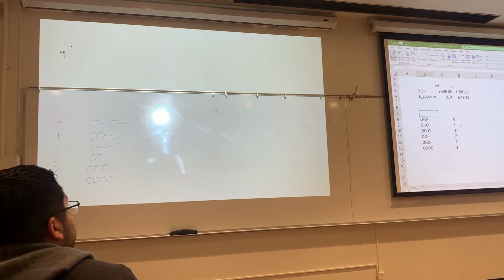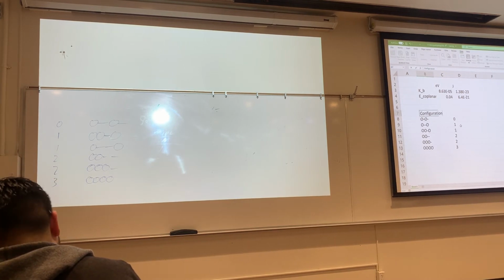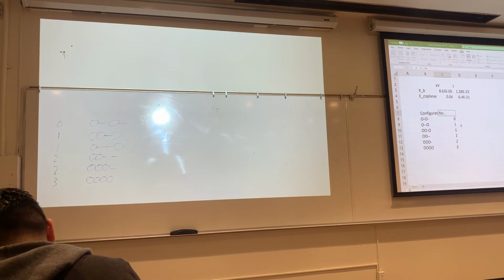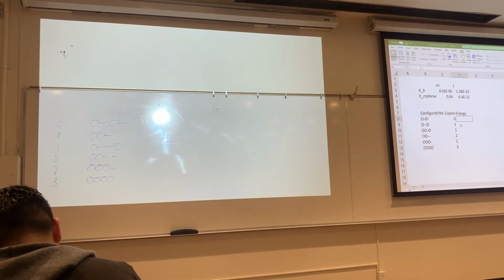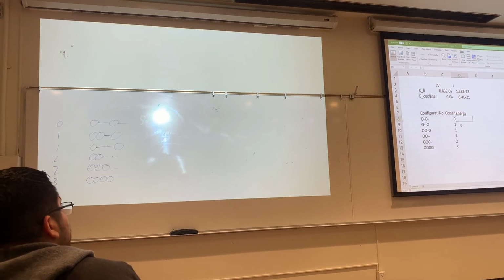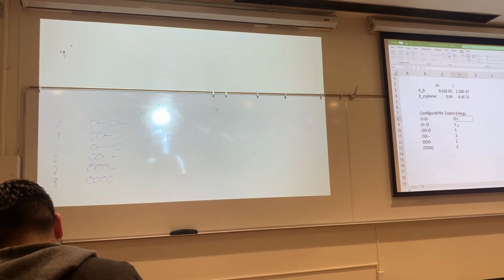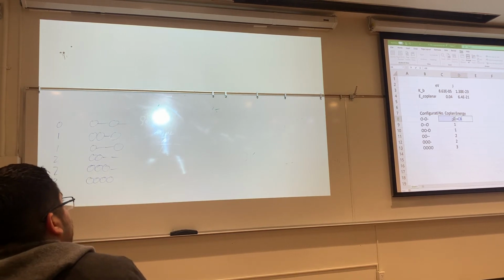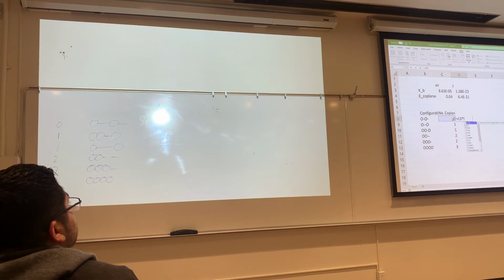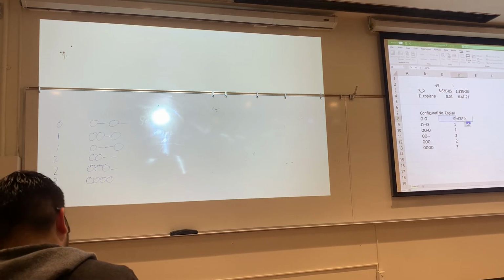So in order to keep track, this one here was a configuration, and this one here was the number of coplanar rings, and then the energy of the system. Now the energy of the system, which is relevant for the configuration, is of course that number over here times the energy constant which I give the system.